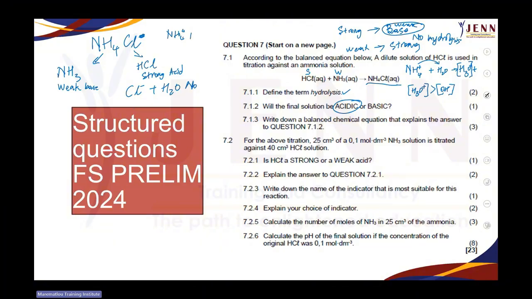Because the concentration of H3O+ is greater than the concentration of OH-, our solution becomes acidic. We learned that when we were talking about definitions, that an acid is a substance that produces hydronium ions in water. So we have hydronium ions, that means the solution is acidic.